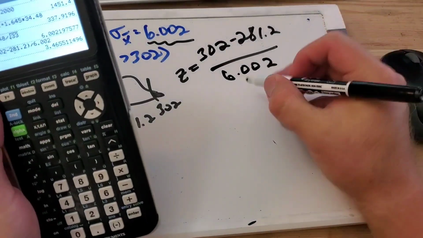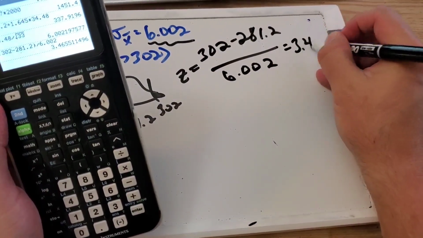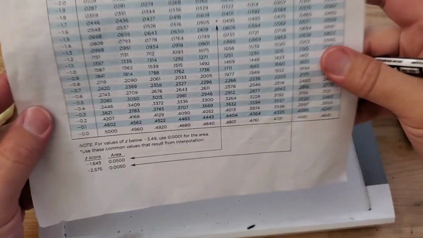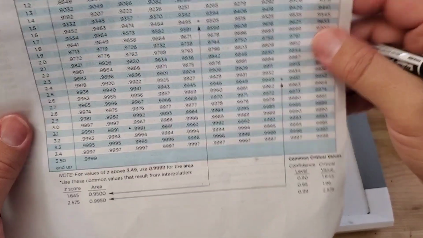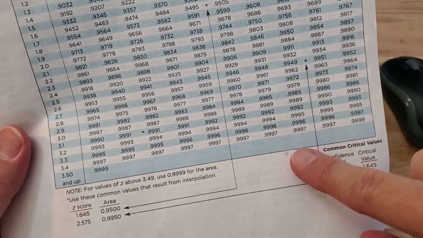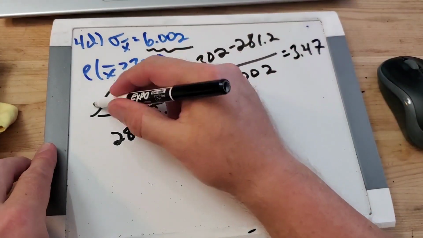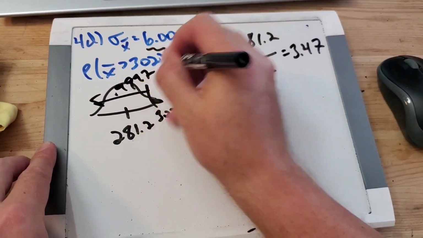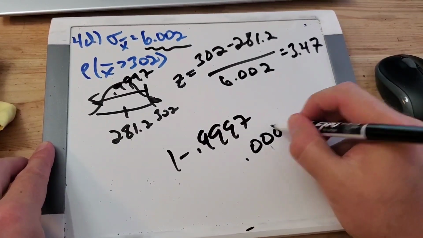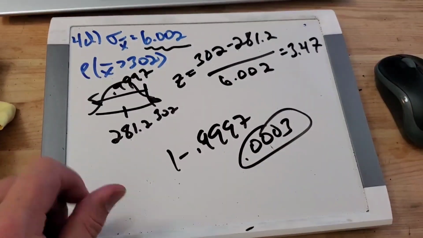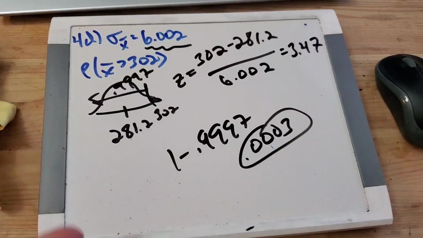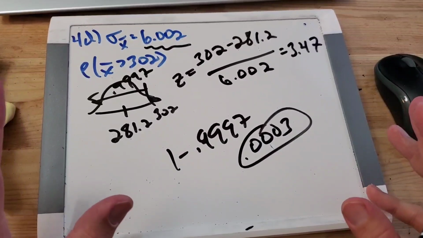That's 3.47. That's almost off the chart. Look up 3.47, I'm going to get 0.9997. So then the right answer is going to be 1 minus that, which is 0.0003. Very small chance that a group of 33 would be that far above the mean, which makes sense.